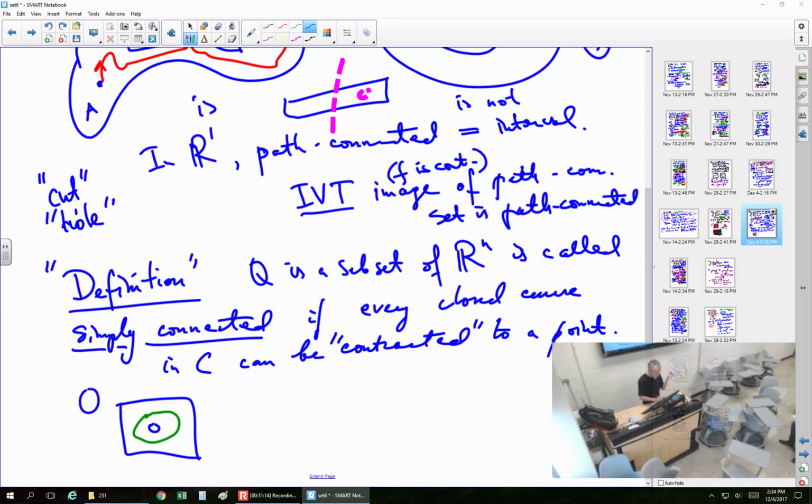What's in blue is my set, a square with one point removed. As you start to contract your curve, it will not disappear into a point without passing through the missing point. That's the idea of simple connectedness. So a circle itself, as opposed to a disk, is not simply connected.